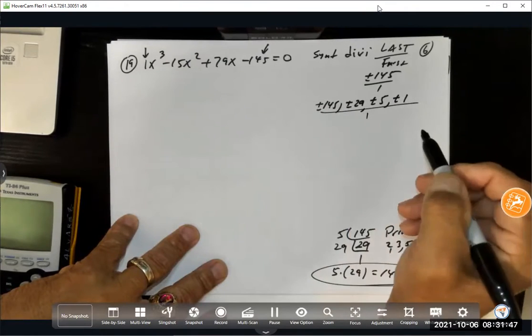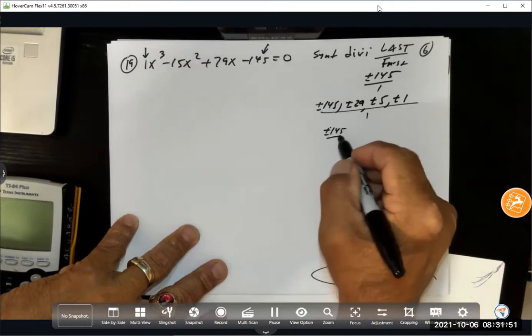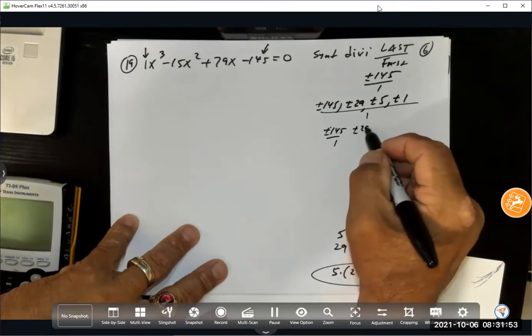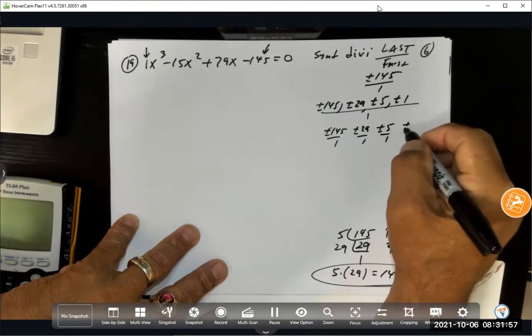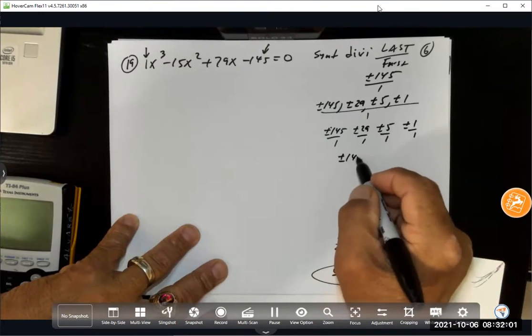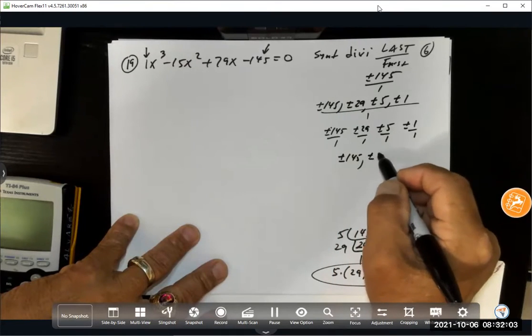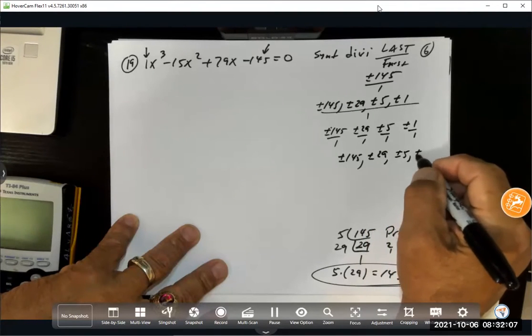All these over 1: plus or minus 145 over 1, plus or minus 29 over 1, plus or minus 5 over 1, plus or minus 1 over 1. If I reduce all this, this is 145, this is 29, this is 5, and this is 1.